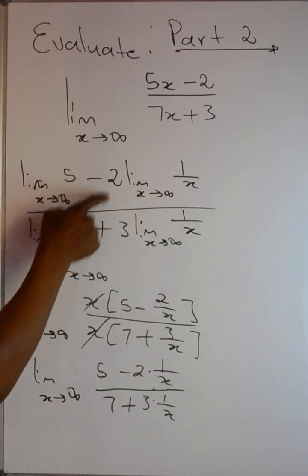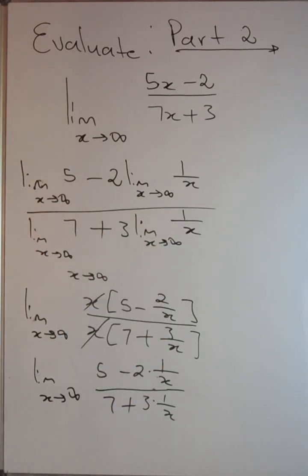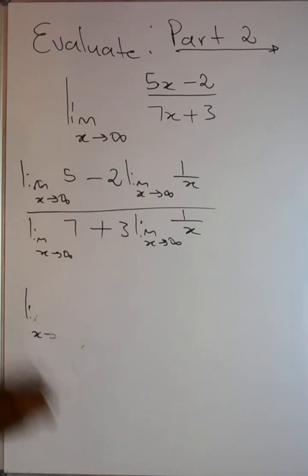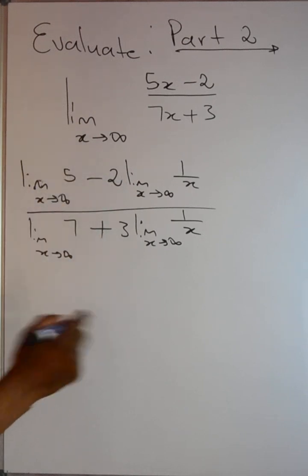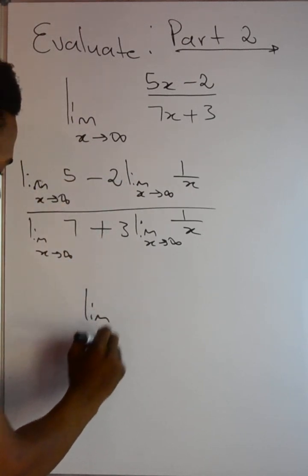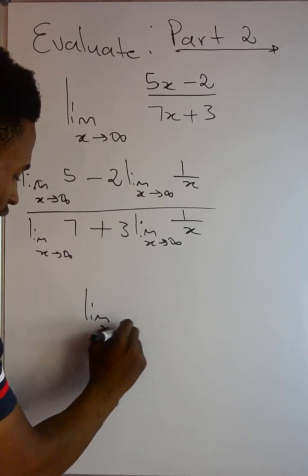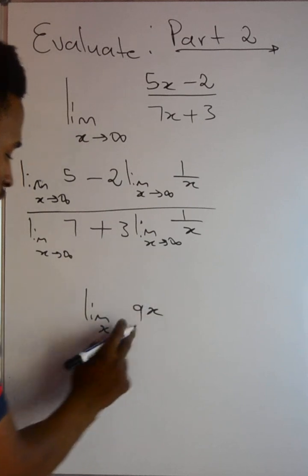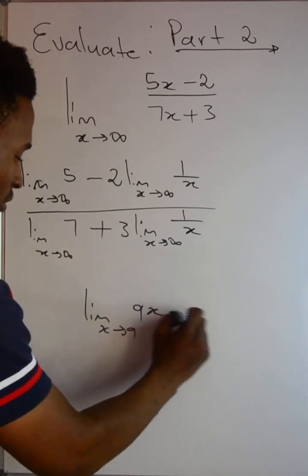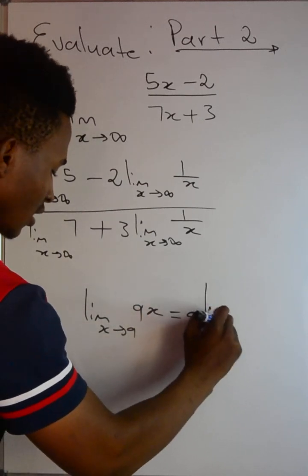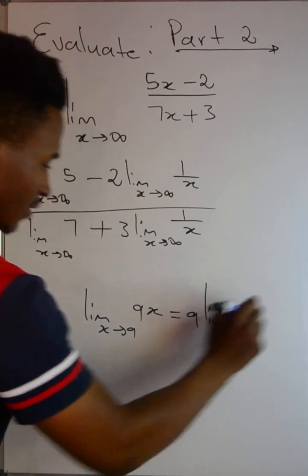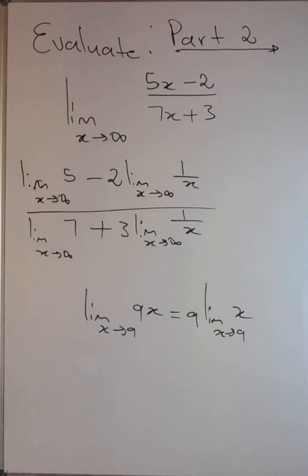Since 2 and 3 are scalars, that's why we are taking them outside, because the limit of x approaching infinity of a times x, when a is a constant, is the same as a times the limit of x approaching infinity of x. It's just an example.